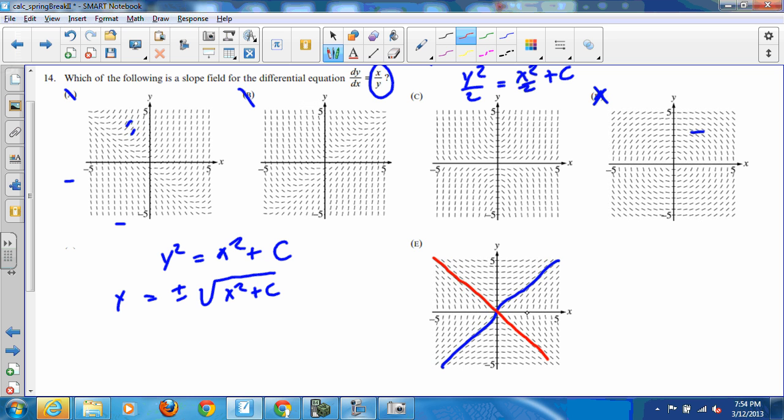So if x is 2 and you go up to positive 2, the slope should be 1. If you go over here to 2 and down to negative 2, it's 1. And if you go up here to negative 2 and positive 2, you should have a negative 1 slope. That's probably the easiest way to look at this one. You just have to get a little practice with those.